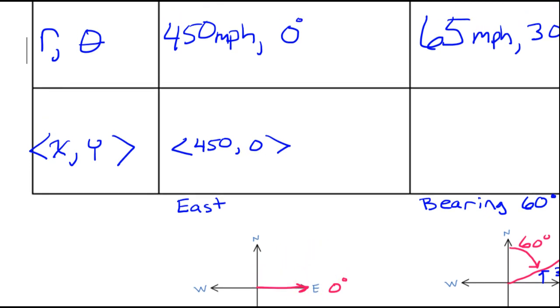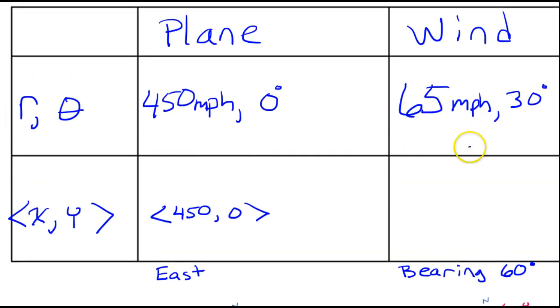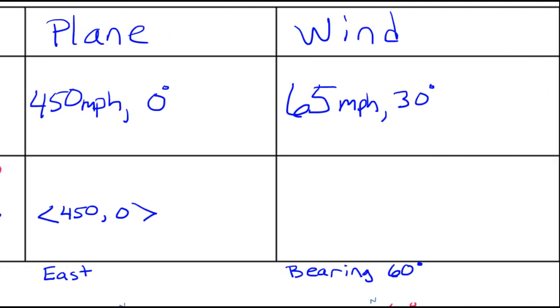On the other hand, when I convert the wind velocity to component form, for the horizontal component I will do r cosine theta. That will give me the horizontal component. If I do r sine theta, that will give me the vertical component. So that's what I'm going to have to do for the wind.